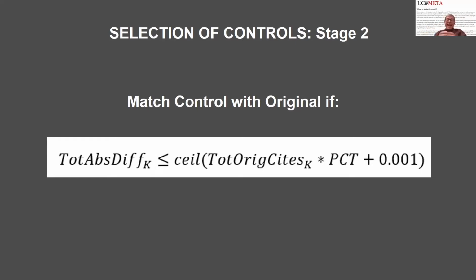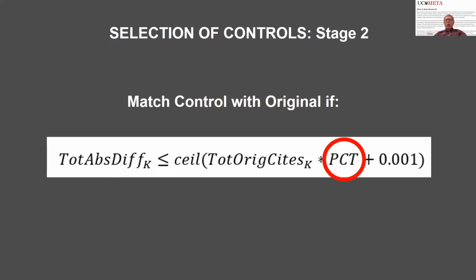It's going to be a lot easier to find a good match if the original study didn't have that many citations, because most papers don't have that many citations. But when the original study has a lot of citations, well, we're going to have a little looser matching criterion there. And what determines the looseness of our matching criterion is this parameter here, the percent.